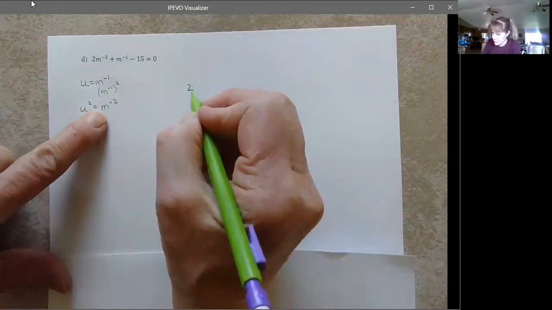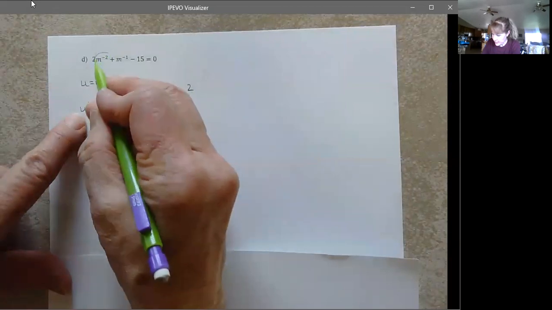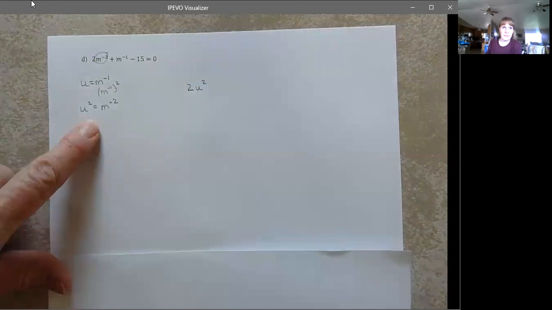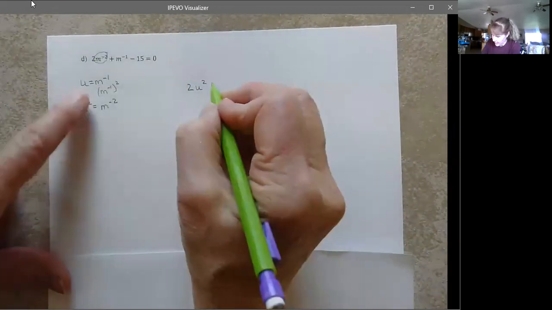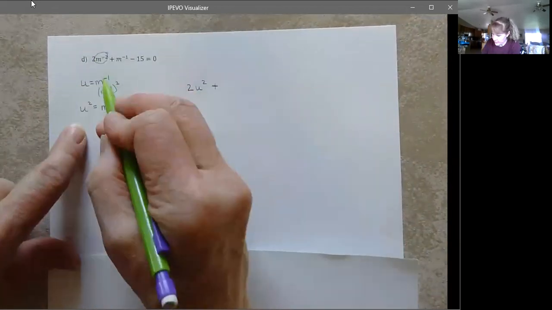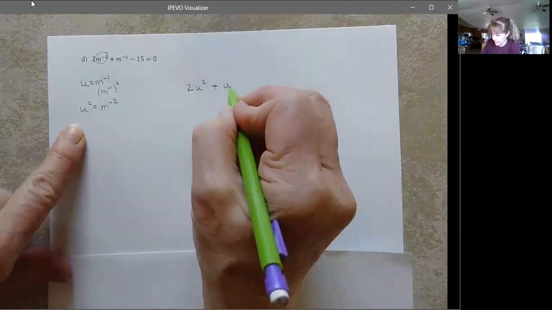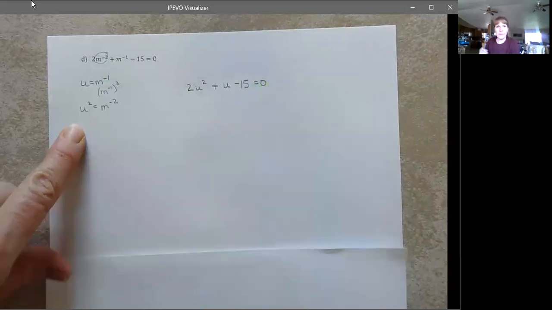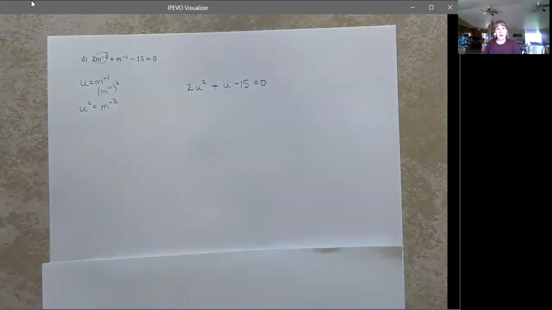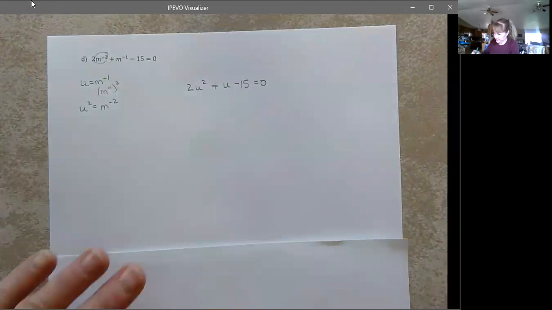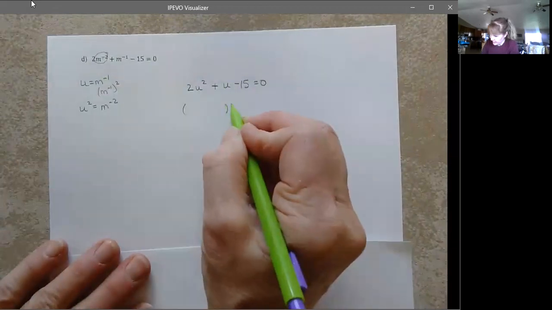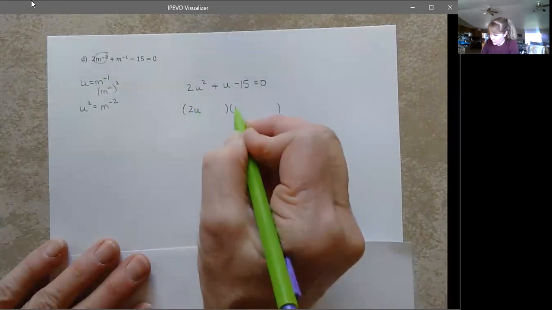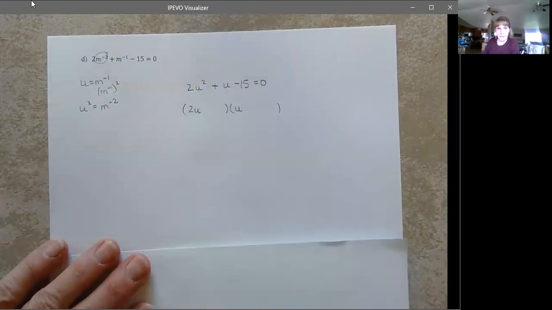M to the -2 is, so rather than this, I'm going to use u squared, because they're equal to each other. Plus m to the -1 is u, minus 15 equals 0. Okay, so now we'll just factor that. We kind of have an idea. 2u times u is 2u squared.